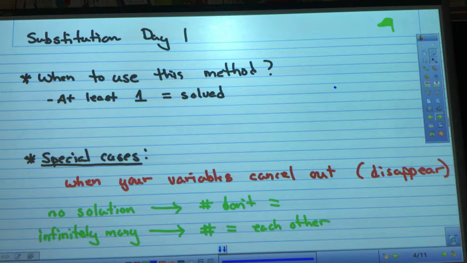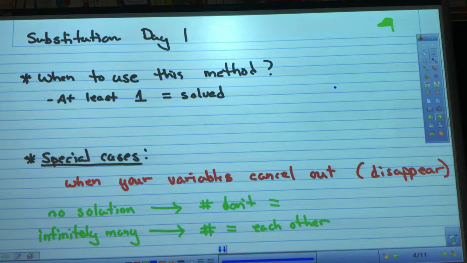We're going to introduce today our first algebraic method for solving a system of equations. Okay, now there are some key things that are helpful for us when we do these types of problems.